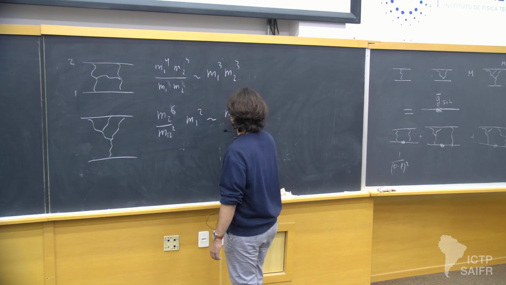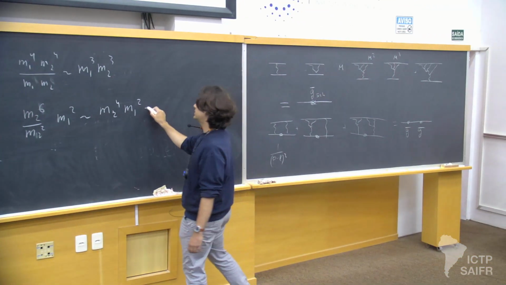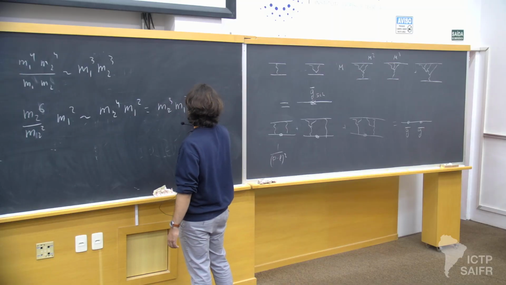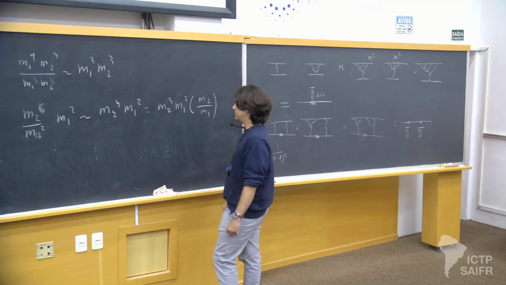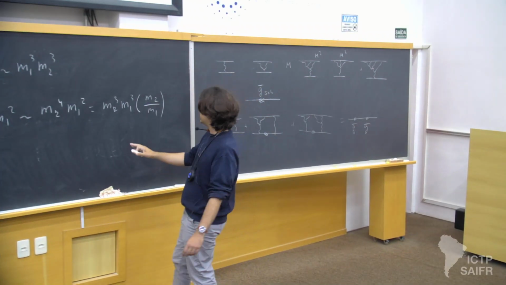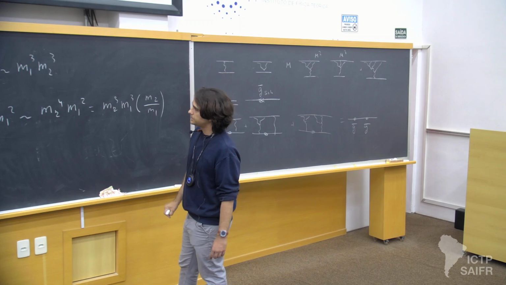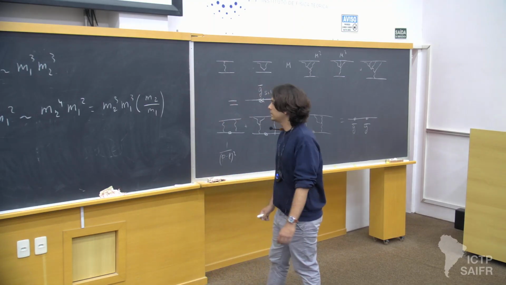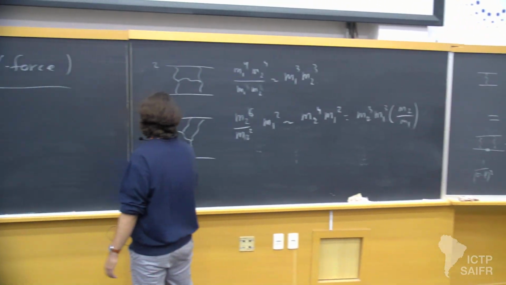So this goes like m2 to the 4th, m1 squared, which is also m2 cubed, m1 cubed, times m2 over m1. So we see that it's suppressed by 1 power of the mass ratio.